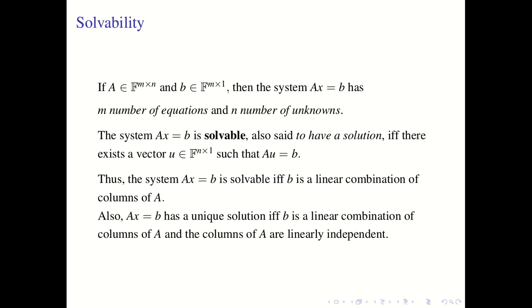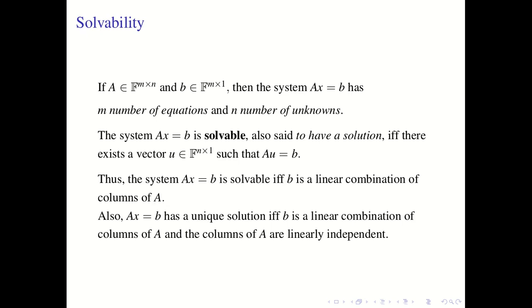One can see it easily. Suppose there are two distinct solutions u1 and u2, so Au1 is equal to Au2, which means that A(u1 minus u2) is 0.